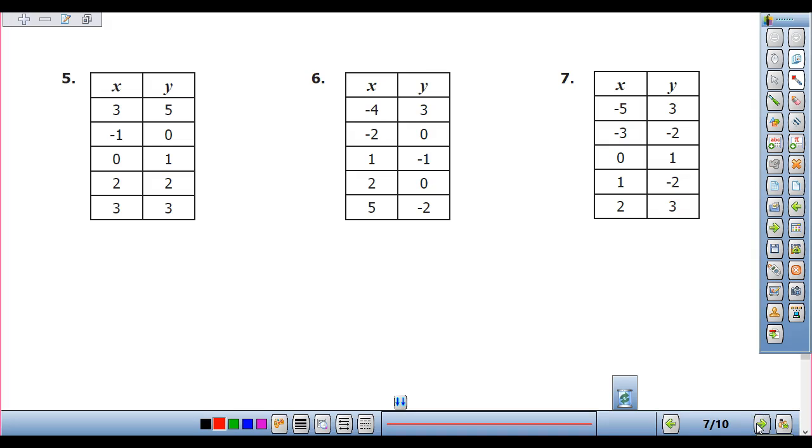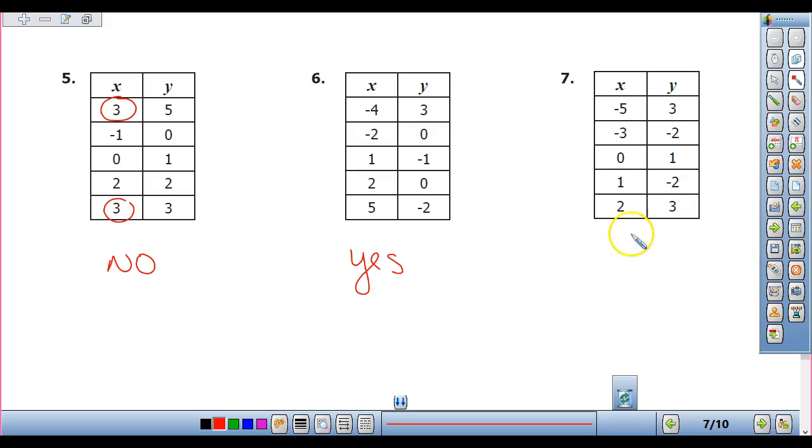Okay, so if I'm looking at this table, any repeaters in my x's? Yeah, the 3. Function or not a function? Not a function. How about 6? That one is a function. No repeaters in my x. How about 7?